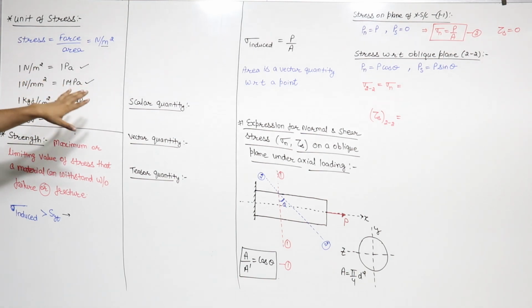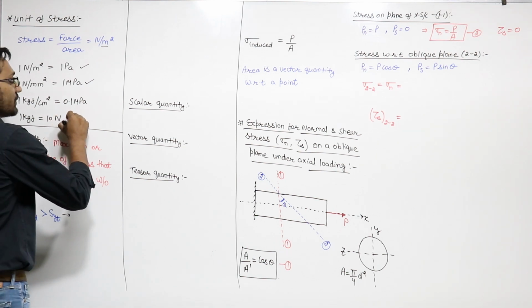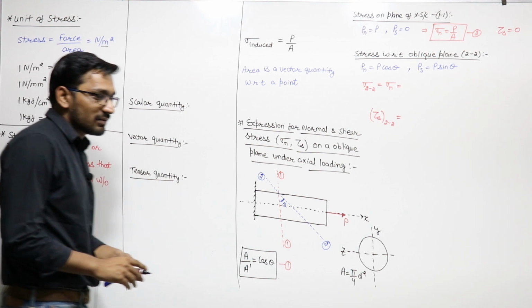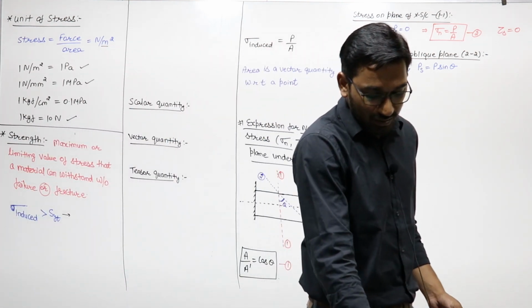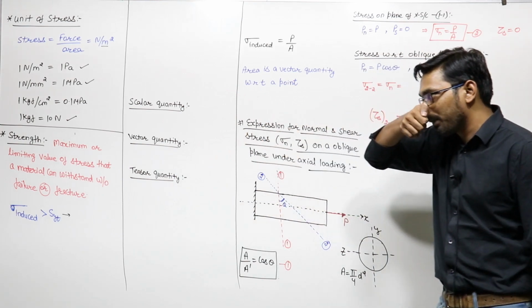These conversions you must know to solve the numerical, and 1 kg force is equal to 10 Newton. So this conversion is very important. When it comes to the question, you must know all these things.